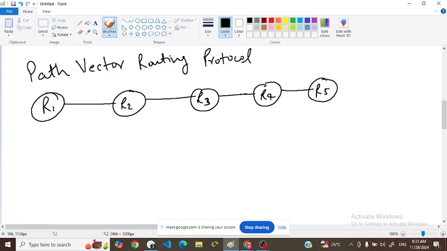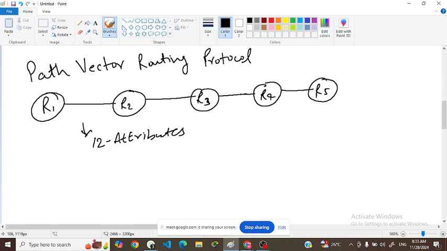It will share the entire information of the path. These attributes are working on this path. There are 12 attributes of BGP.